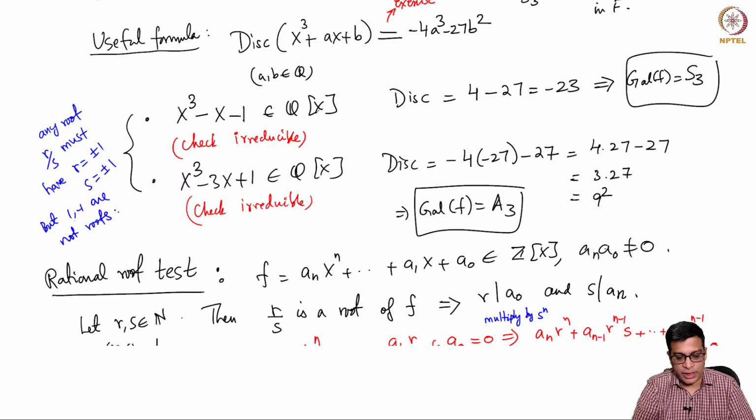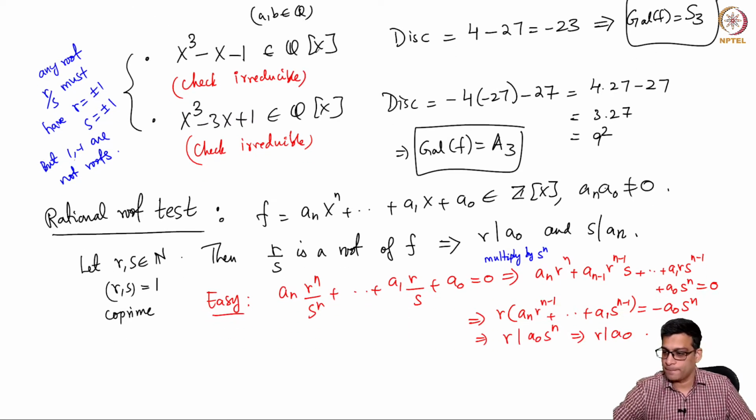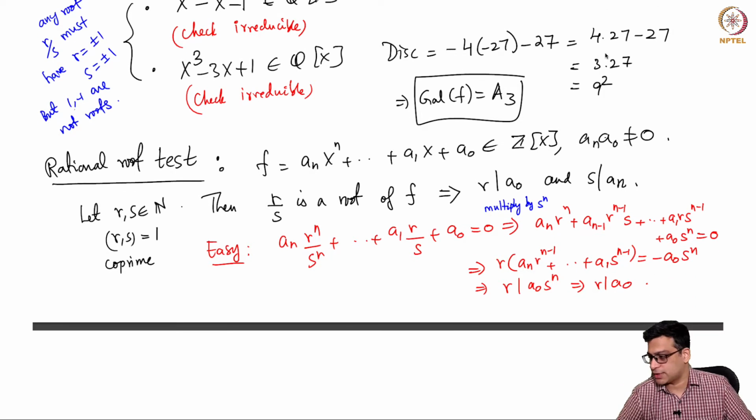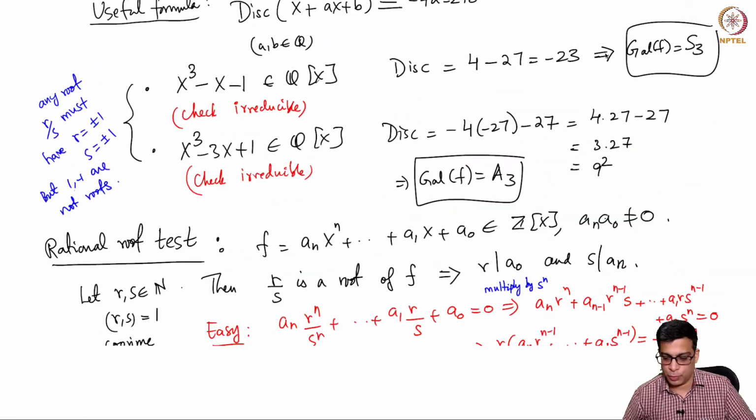Okay, 1 and minus 1 are not roots for this. So these two cubic polynomials do not have roots, so they must be irreducible. So this rational root test is a very nice, convenient way of checking irreducibility of degree 2 or degree 3 polynomials.